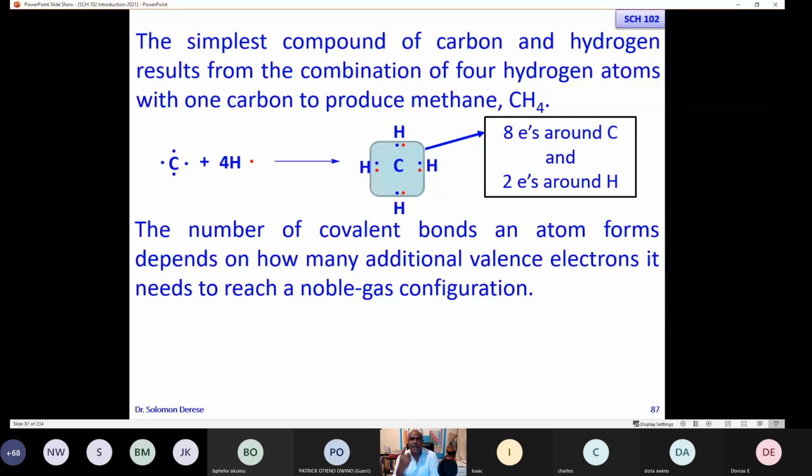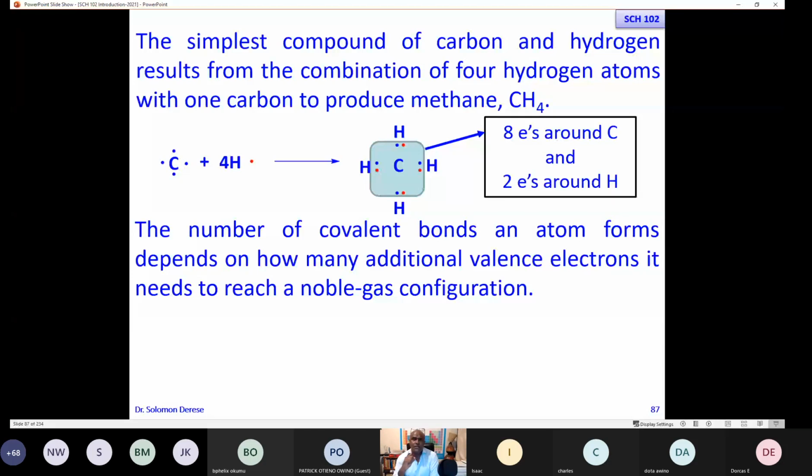As a result, hydrogen forms 1 bond. If you take carbon, it has got 4 electrons in its valence shell. To have an octet of electrons, to have the electron configuration of the corresponding noble gas, it requires 4 additional electrons. As a result, carbon forms 4 bonds.